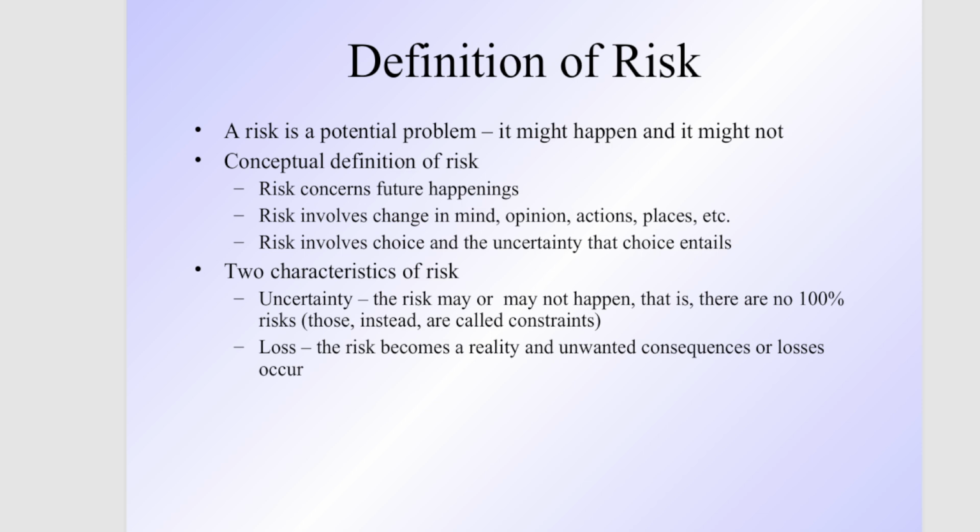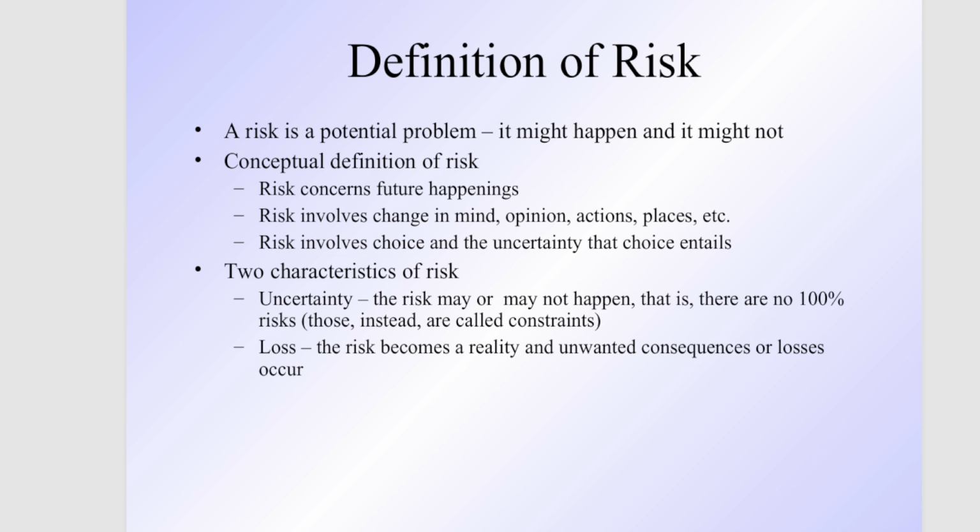Second thing is risk involves change in mind, opinion, actions, and places. That means whenever there is a risk involved, these things get affected. Your thinking can get affected. Your opinion can get affected. Your actions can get affected, and the places even can get affected, because whenever there's a risk, information flows.